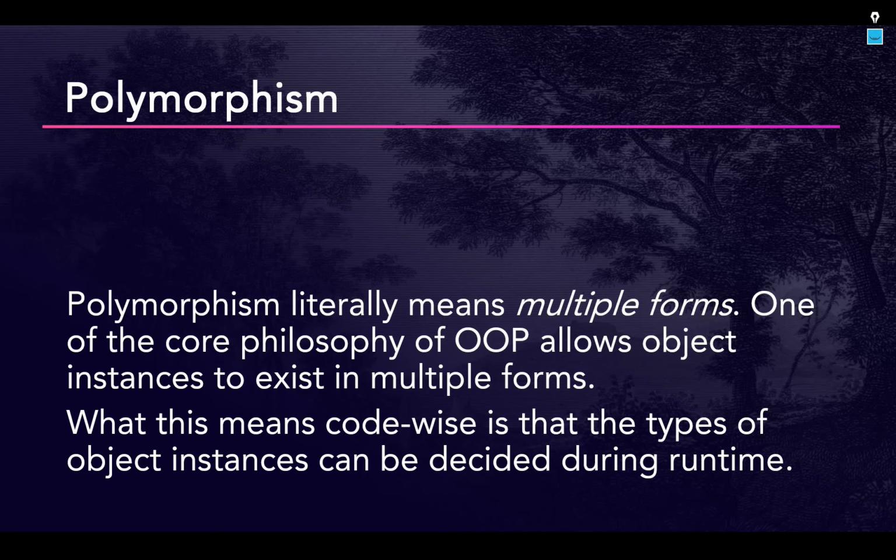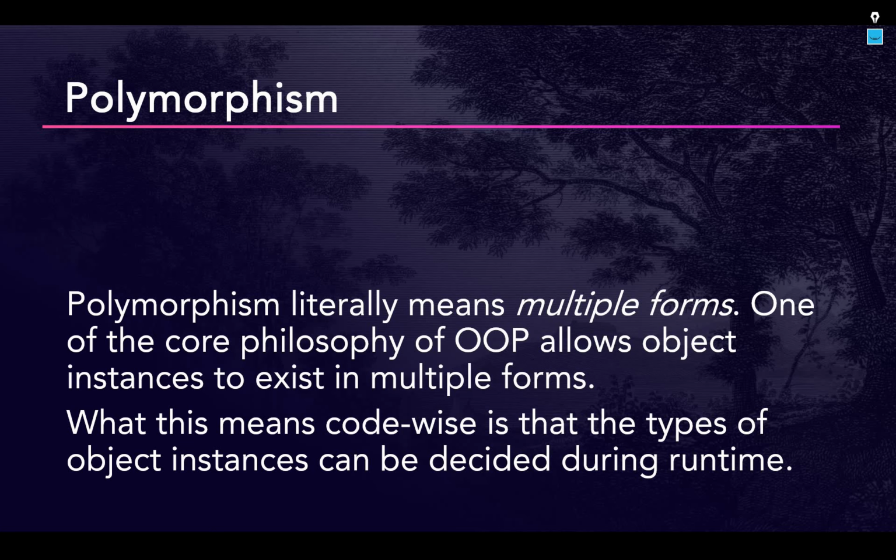The next important design concept of object-oriented programming is the concept called polymorphism, and it's actually a bit related to inheritance. If you try to dissect the meaning of the word polymorphism, it literally means multiple forms, poly and morph.